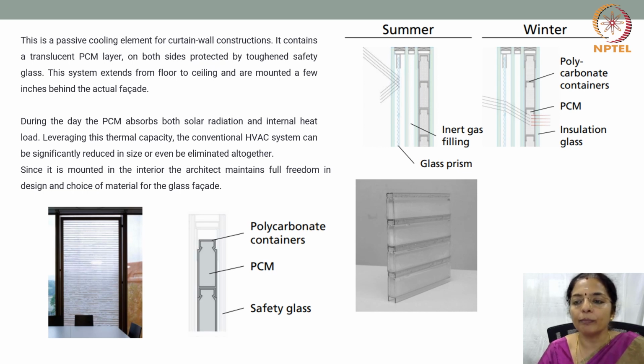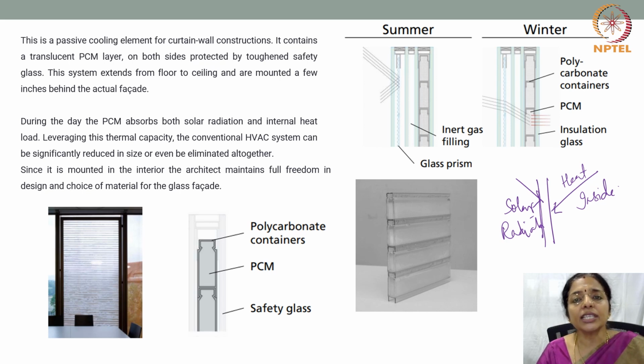So it absorbs solar radiation as well as the heat which is generated from inside because of human activities, human beings, as well as apparatus like computers and things like that.